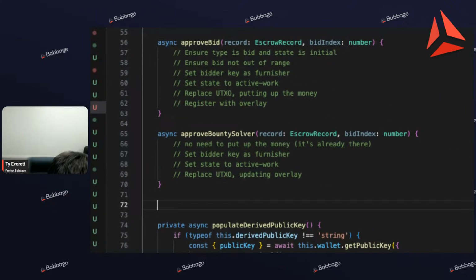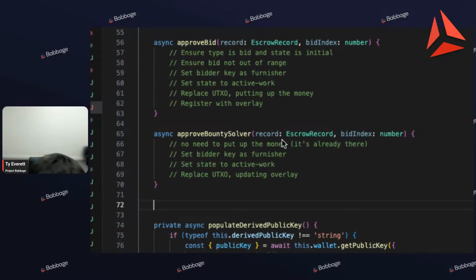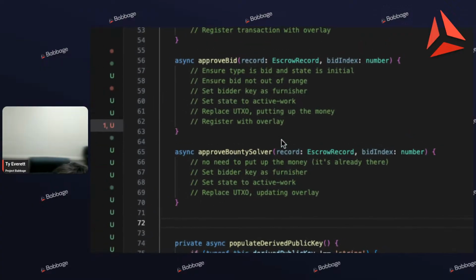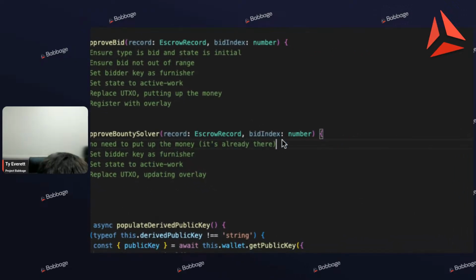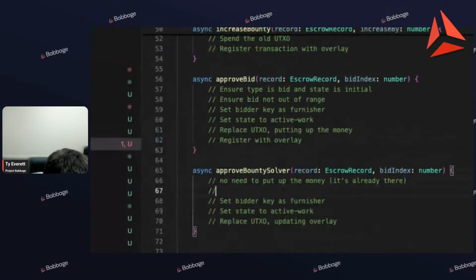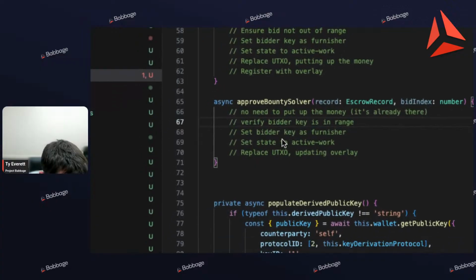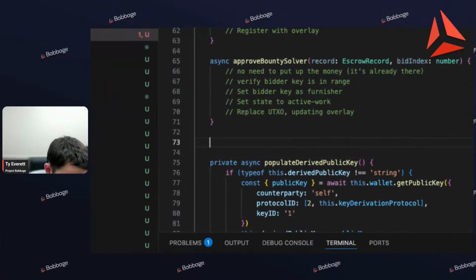Any validation? Verify it can be correct. Okay.